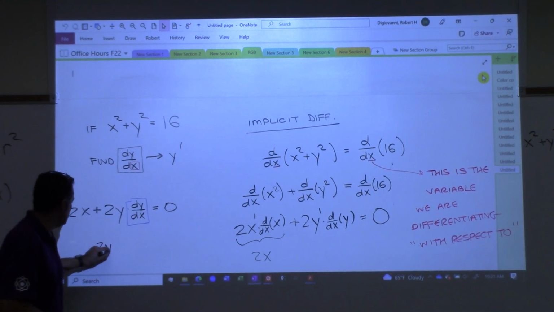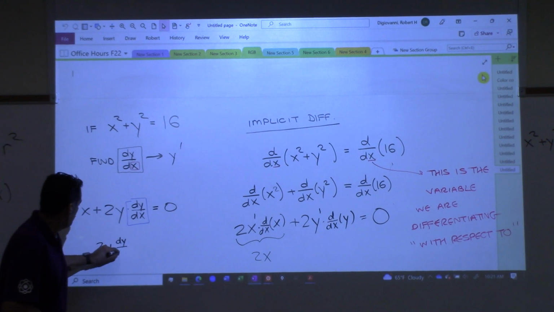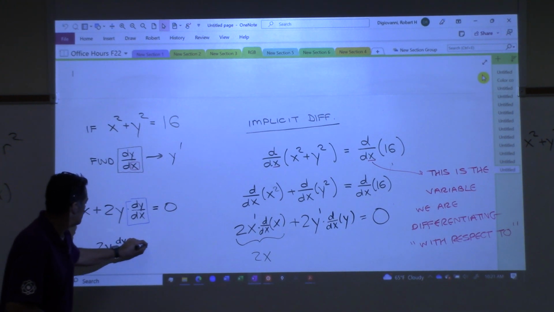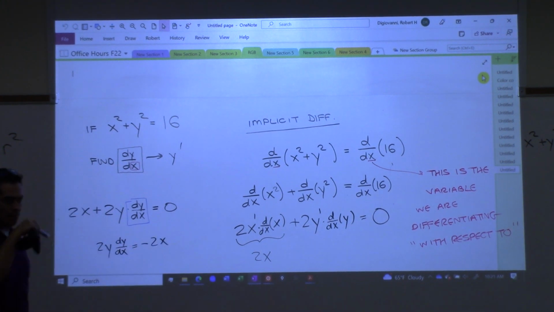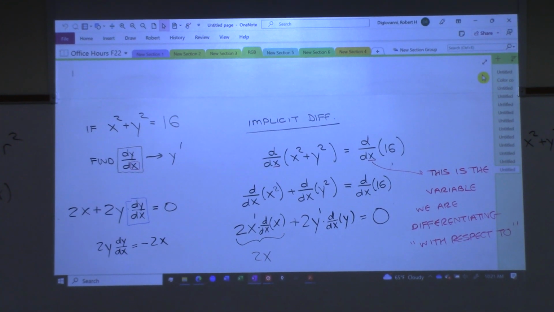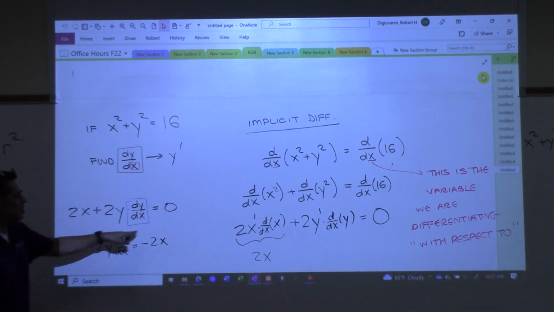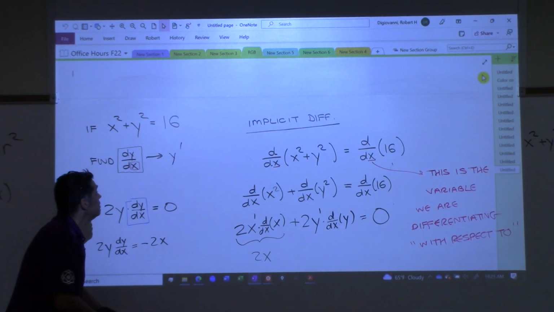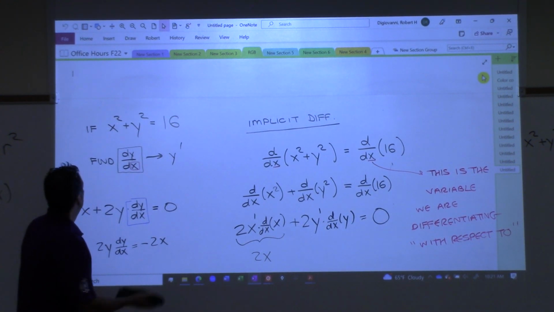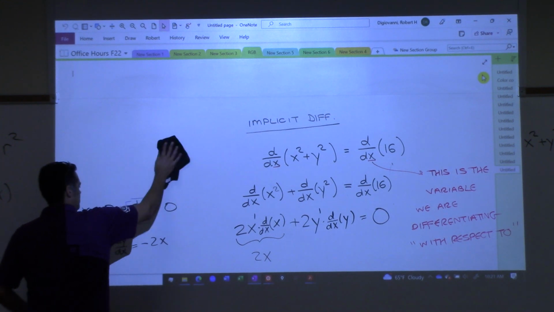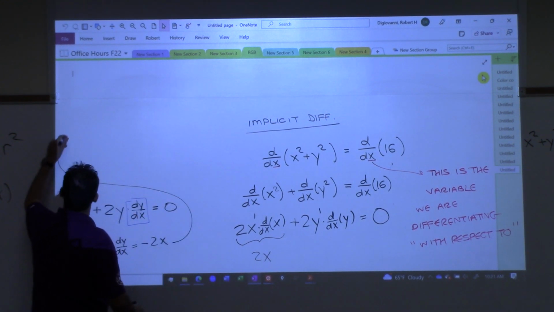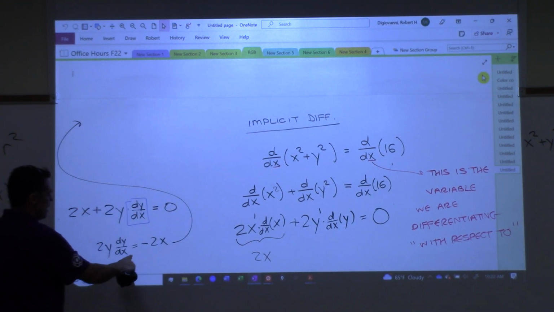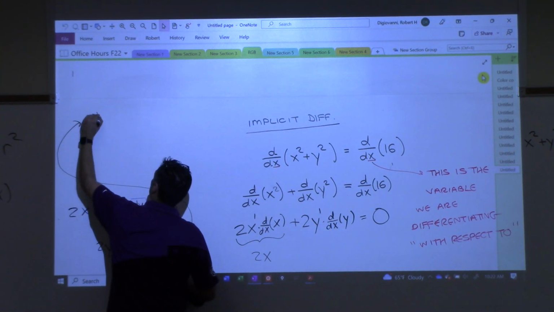Does anyone have a question? We're going to do more examples, of course. Right? Subtracted 2x on both sides. And then I'm going to divide. Let me do that. I'll do it right here. So I'm going to divide both sides by 2y.